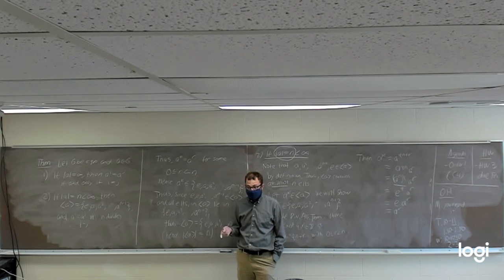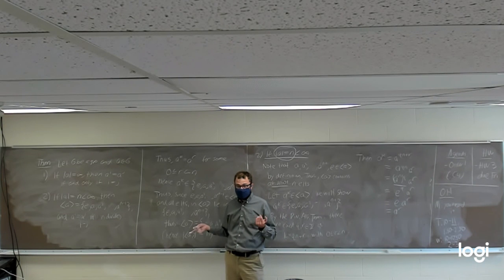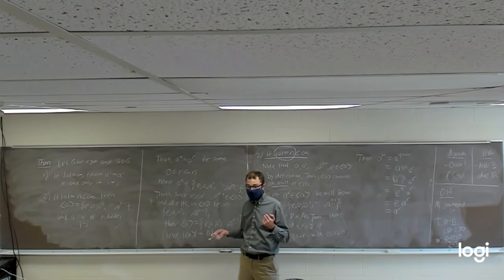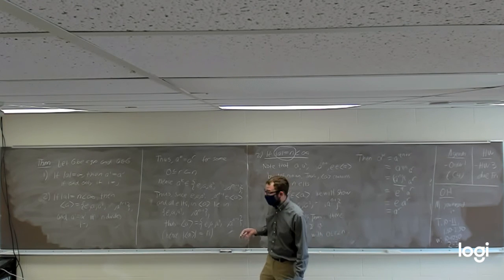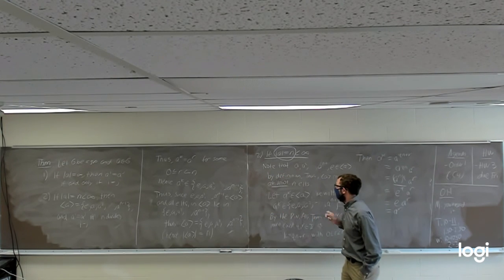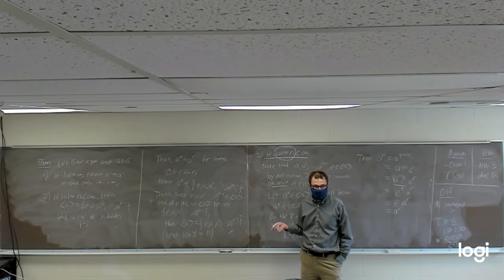Well, I'm not done proving the theorem, but that's kind of proving the result we said midway through class, where I said the order of an element has to be equal to the order of the group it generates. We just showed that if A has order n, then A will generate a group of order n.